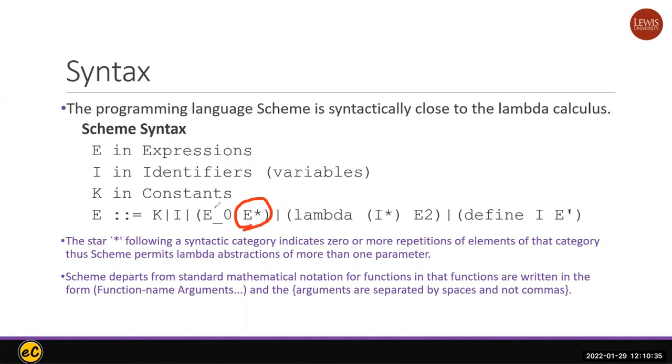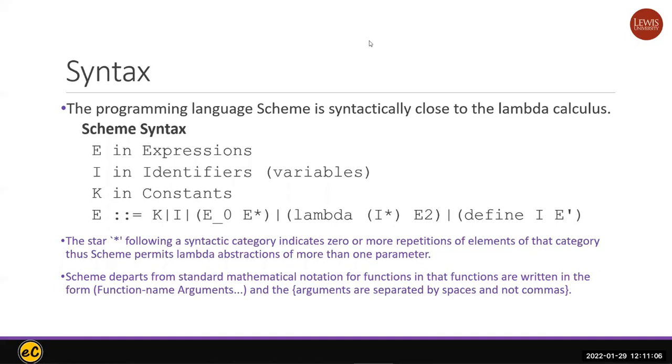This one is a function, and you can apply it there. Then you can have a lambda. Lambda is also an expression with an argument list and a result, another expression. You can define an ID that can be available and some expression after returning the value. These are the simple syntax of the Scheme language.